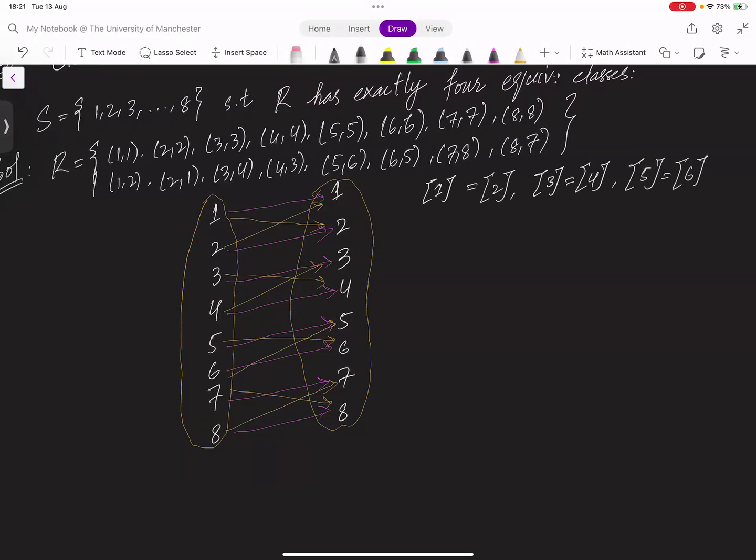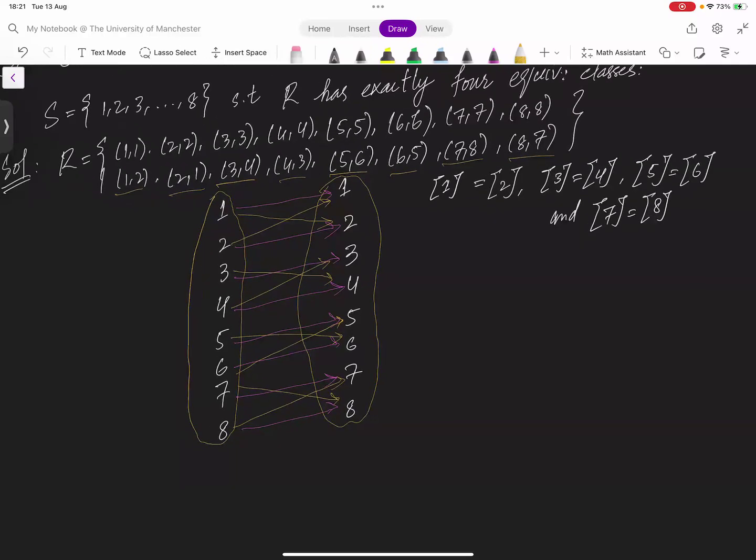And the last one is equivalence class 7, which is similar to 8. Because of these ordered pairs, 1 and 2 are the same, 3 and 4 are the same, 5 and 6 are the same, and 7 and 8 are the same.